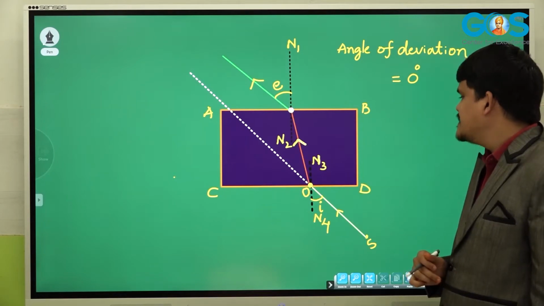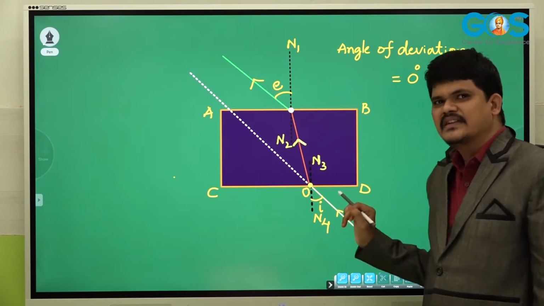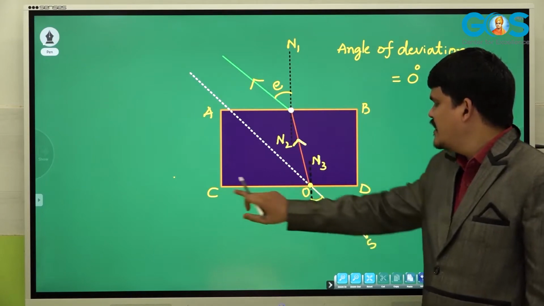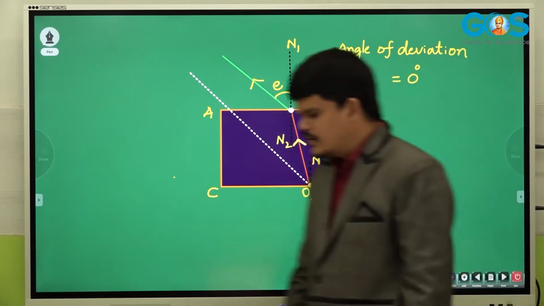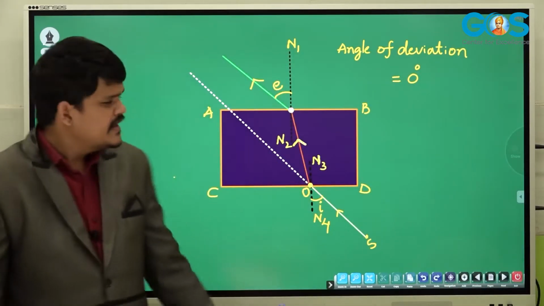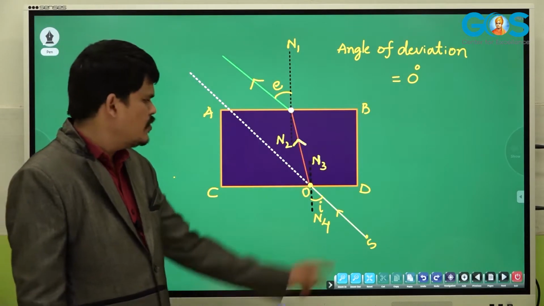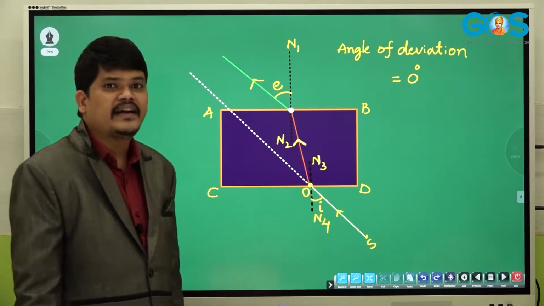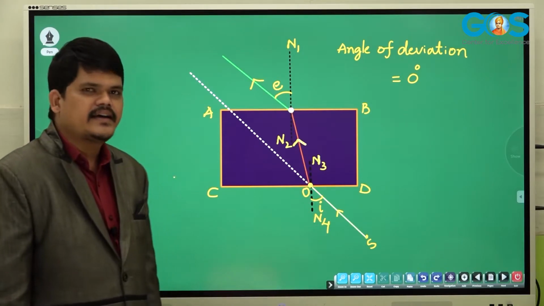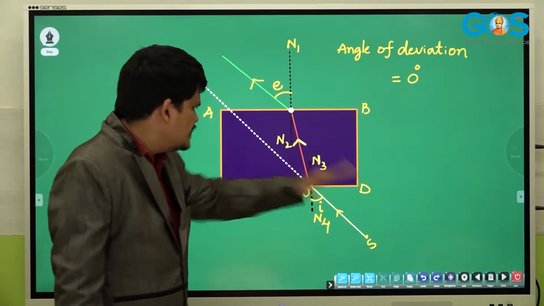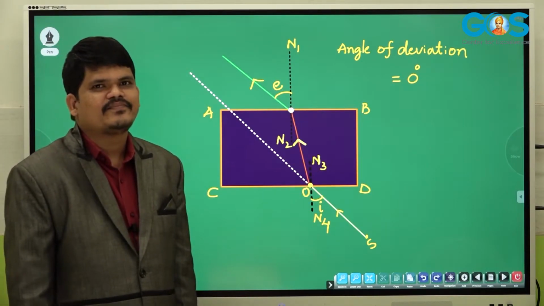SO is the incident ray which makes angle of incidence I at the normal for the side CD of the rectangular glass slab. So what we are doing? We are sending an incident ray, namely SO, from the point source of light, which makes a certain angle of incidence, that is I, with the normal at the side CD of the rectangular glass slab.